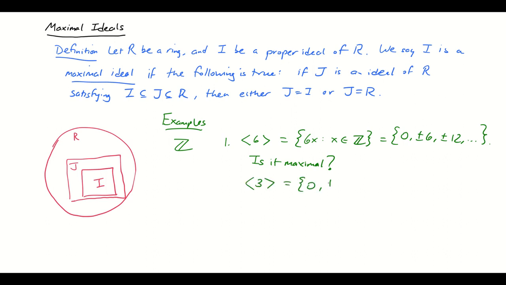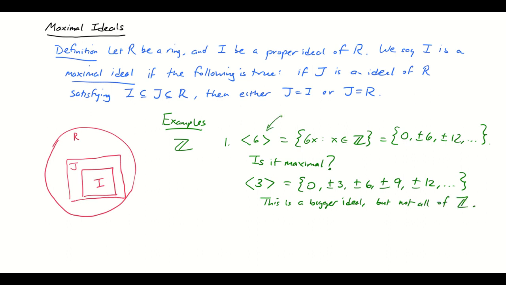Well, this contains 0 plus or minus 3 plus or minus 6, all the multiples of 3, and among those we find all of the multiples of 6, because to be a multiple of 6, you also have to be a multiple of 3. So this is a bigger ideal, but it's not the entire ring of integers. So that means that at least we know that this is not maximal.